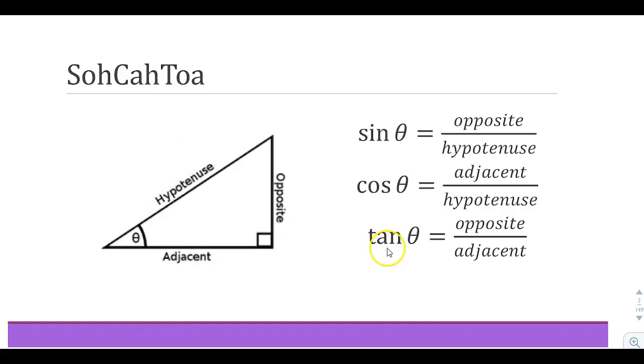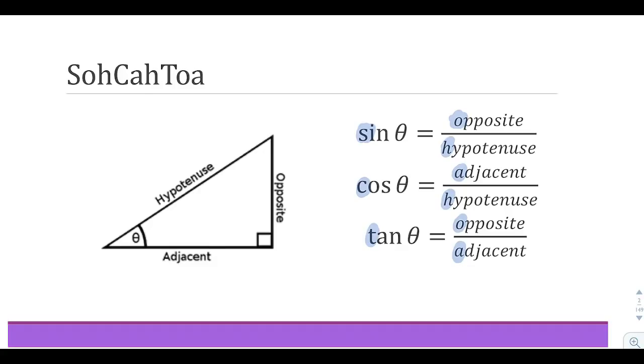And then finally, tangent of theta is the opposite side over the adjacent side. So SOH-CAH-TOA is coming from sine is opposite over hypotenuse, cosine is adjacent over hypotenuse, and tangent is opposite over adjacent.